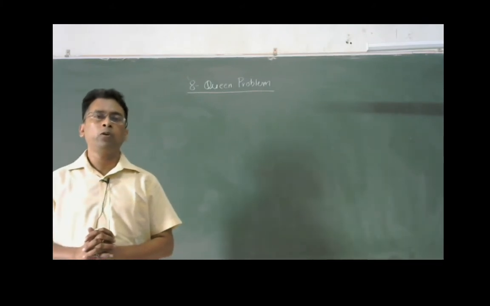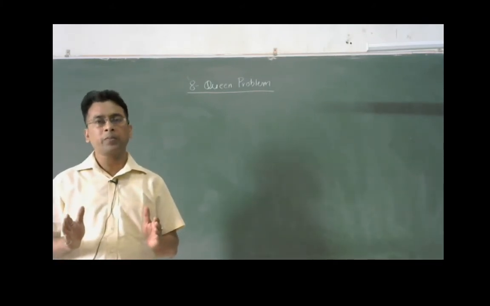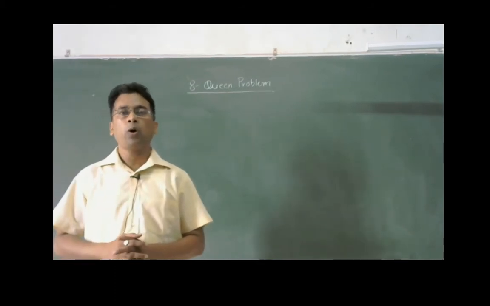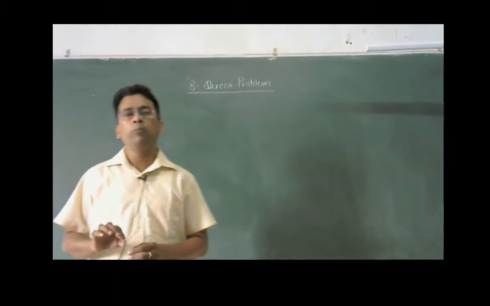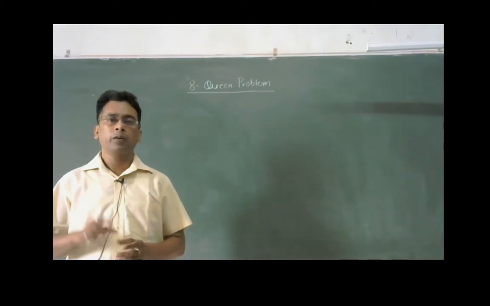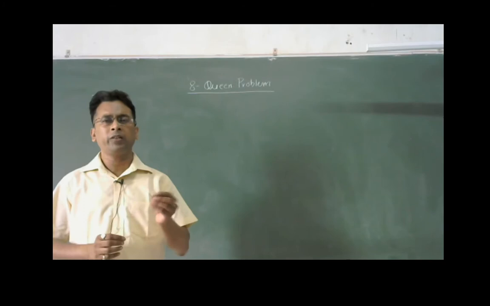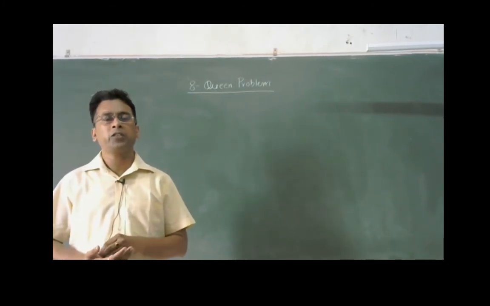As we all know, a chessboard is a game in which there are 8 cross 8 size blocks on which we move our queens and bishops, or many of the keywords that are used in the game of chess.